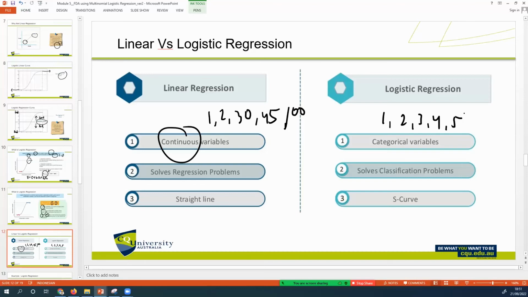Not until 1000, no. A continuous variable can be 1000, or 1.5, 2.0, something like that. That is what we call a continuous variable. Linear solves the regression problem, logistic solves the classification problem. The line in linear is a straight line, and the line in logistic is a sigmoid curve.